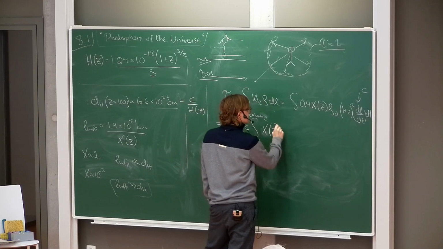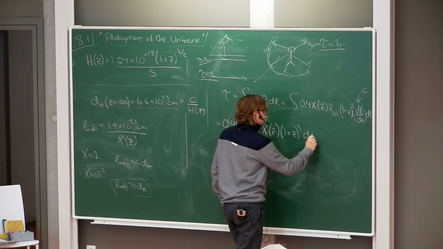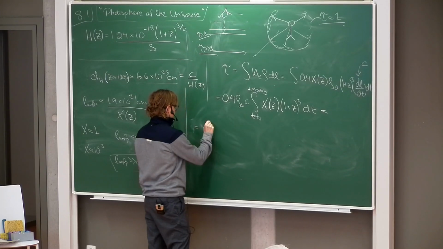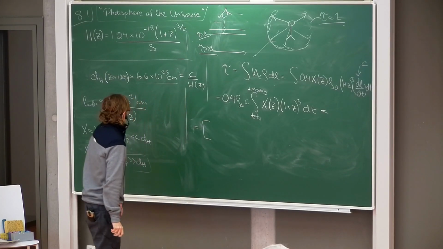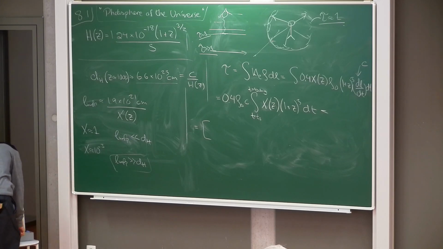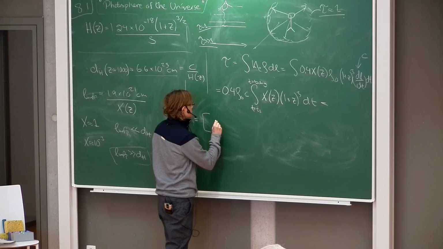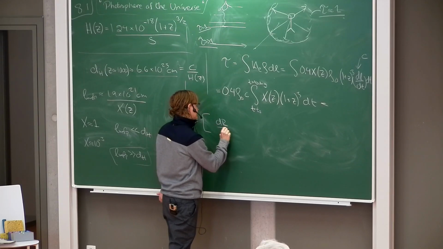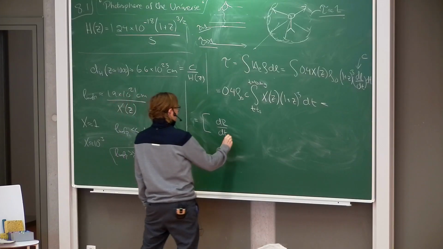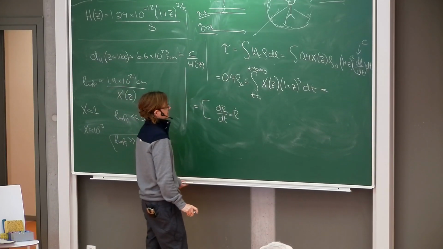X of c, 1 plus c cubed dt. So the only thing we have to do is to convert this time integral now. Okay? So of course we can use that r dt is our r dot, right? Yes.